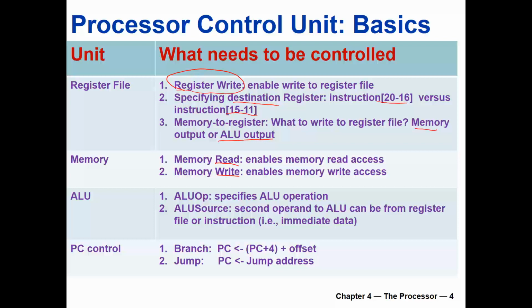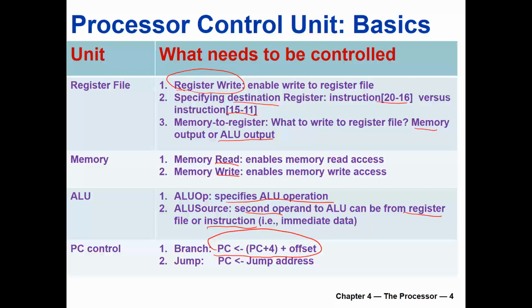Also, we have various types of ALU operations. The ALU second source can be from a register, or in the case of immediate data, it can be inside the instruction. The branch instruction tries to change the PC in a different way.